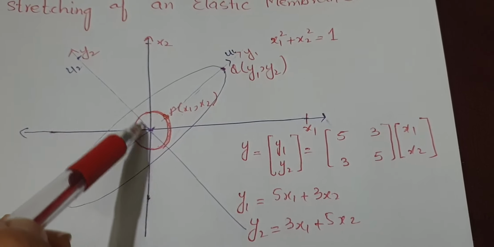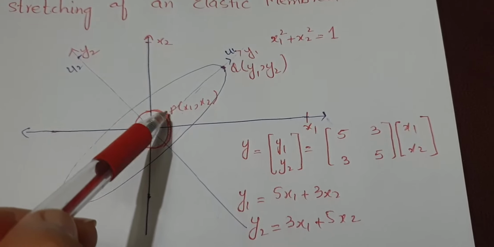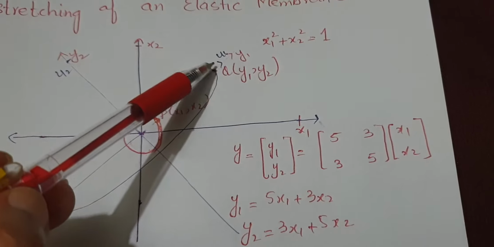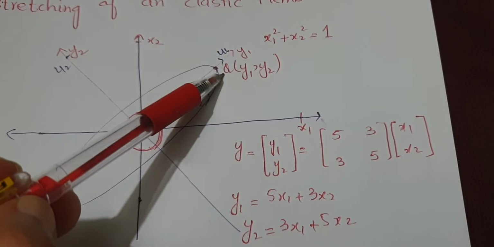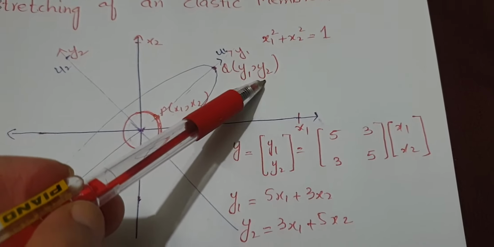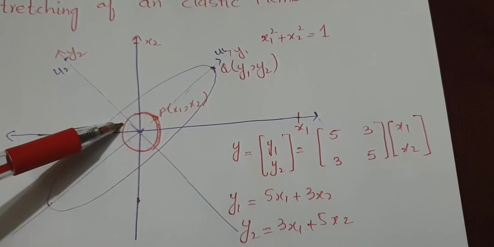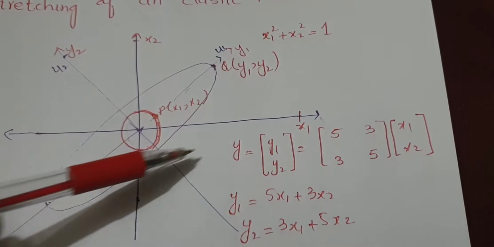Let's say a force was applied at some point P and it was stretched such that it reached the point Q having the coordinates y1 and y2. Obviously this circular membrane is no more circular and it must have been reshaped.